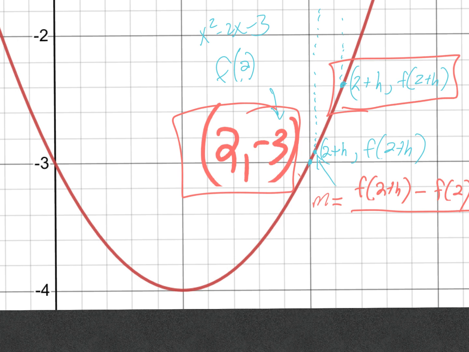My x2 minus my x1, my x2 is this value, 2 plus h, minus this x value, which is 2. So my slope becomes f of 2 plus h minus f of 2 over h. And then what I can actually do is I can solve that, which we're going to do here next.